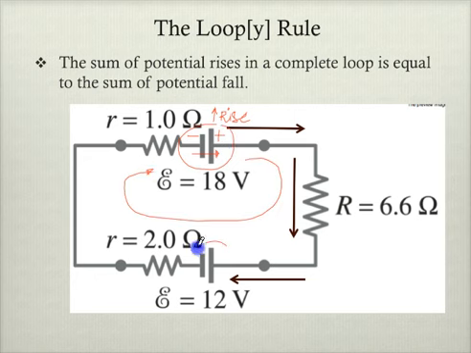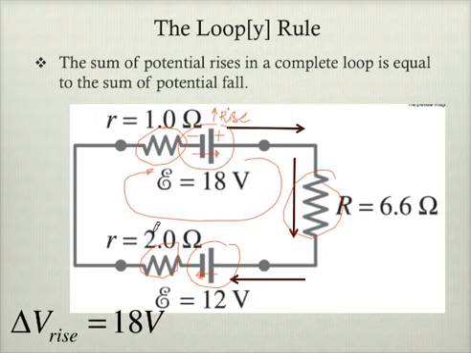And here I have the battery, and look, I'm going from positive to negative, which is the fall. So 12 is part of my fall. And then I have 3 resistors that also use up voltage, and that's also the fall of potential difference. Now the rise is 18 volts.